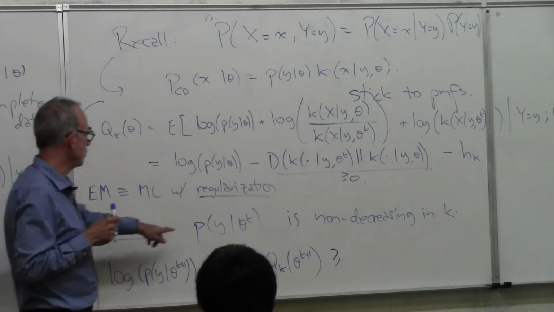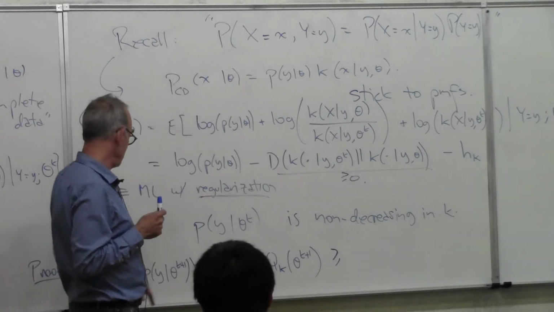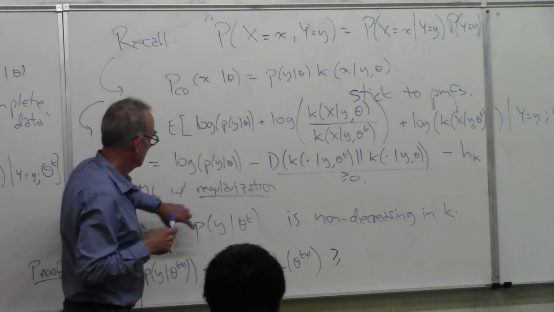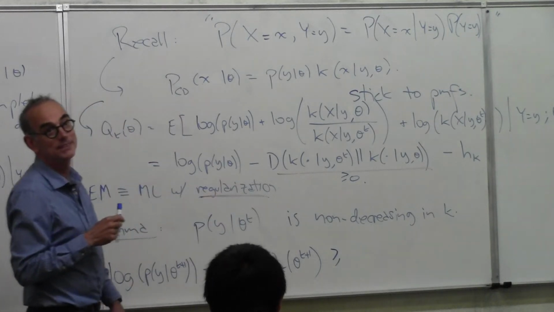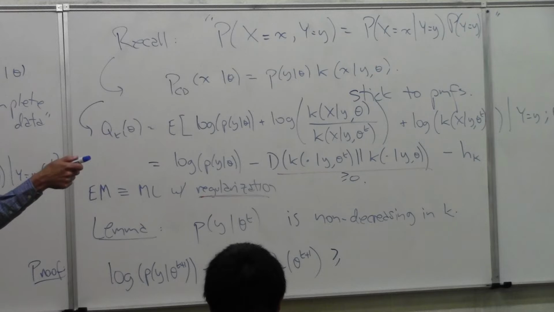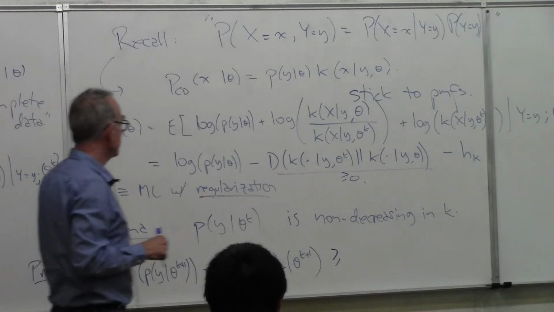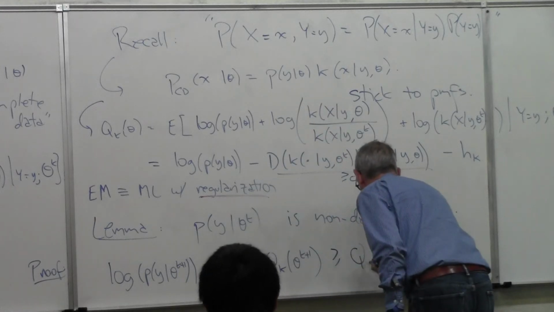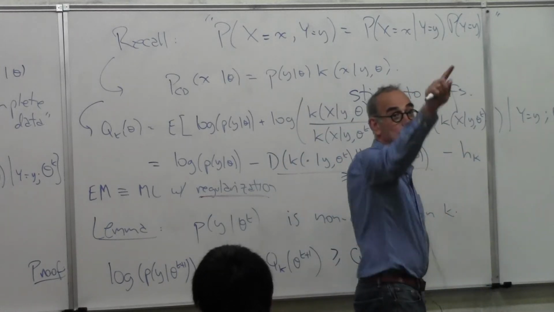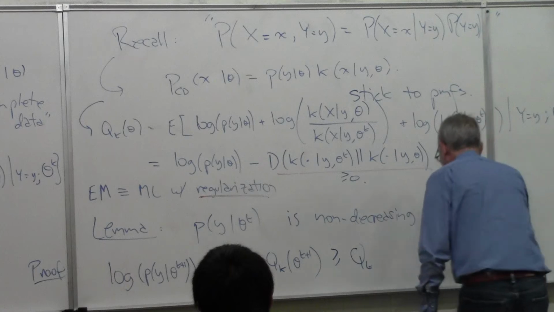Remember, I'm trying to compare this with the log of this. I can tell many of you know the answer. You knew already, theta k, yeah. So it's greater than or equal to qk of theta k.